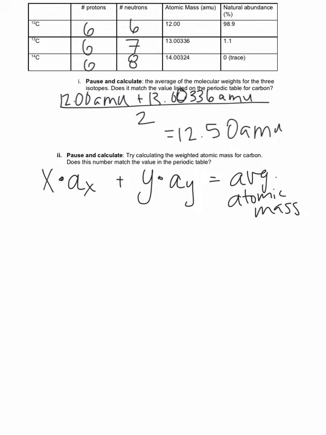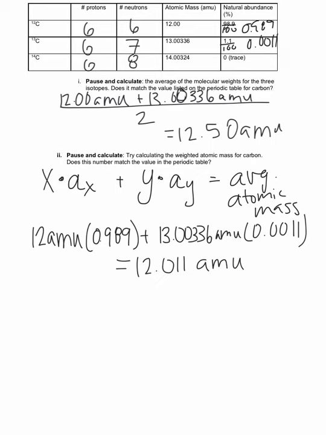So in order to convert our natural abundance into decimals, we'll want to divide by 100 to get 0.989 and 0.0011. So now that you know the atomic mass units of each and the fractional natural abundance for each, why don't you take a stab at the weighted average?